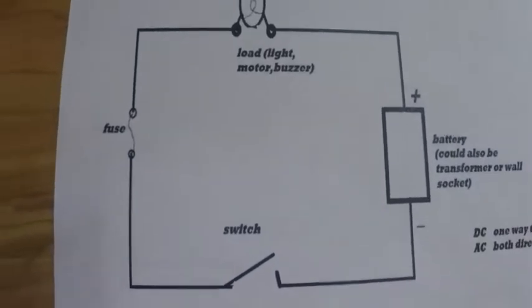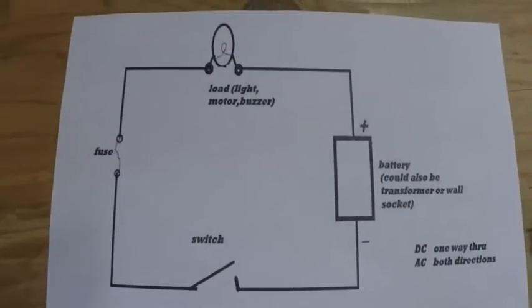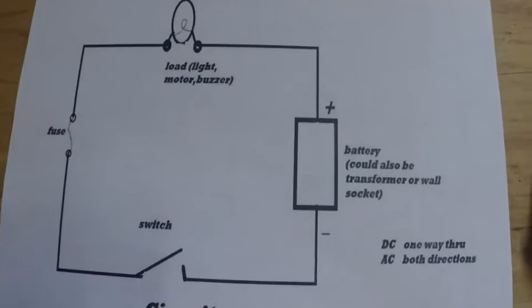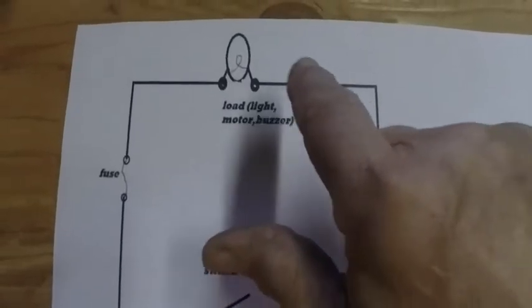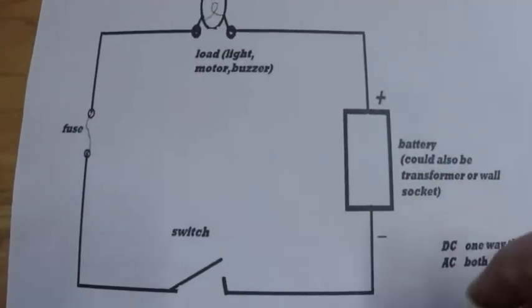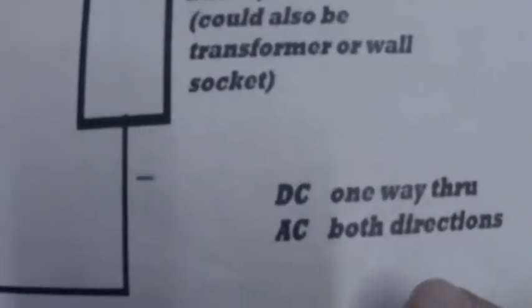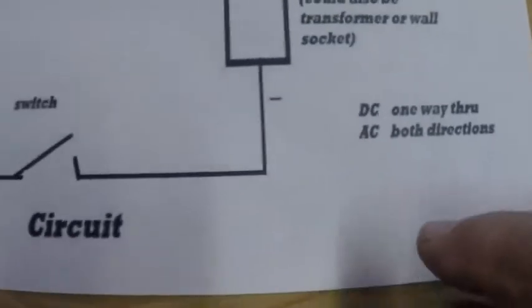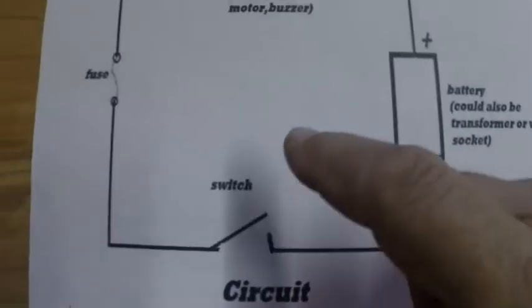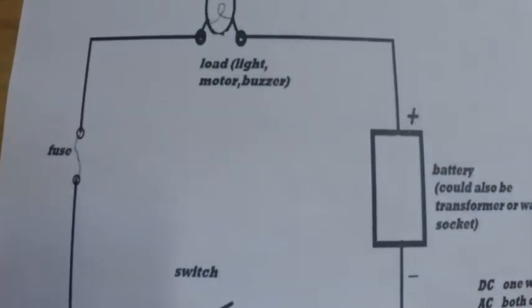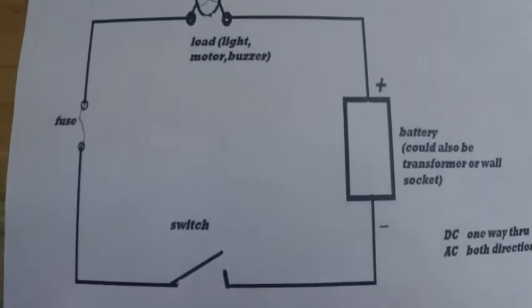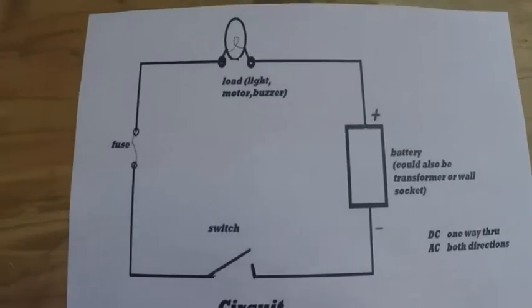Well, there's two kinds of electricity that most people talk about, and one is called DC, and that's when the electricity goes one way around, and the other is called AC, which is when the electricity goes in both directions around the circuit. So those are the different parts that compose a circuit.